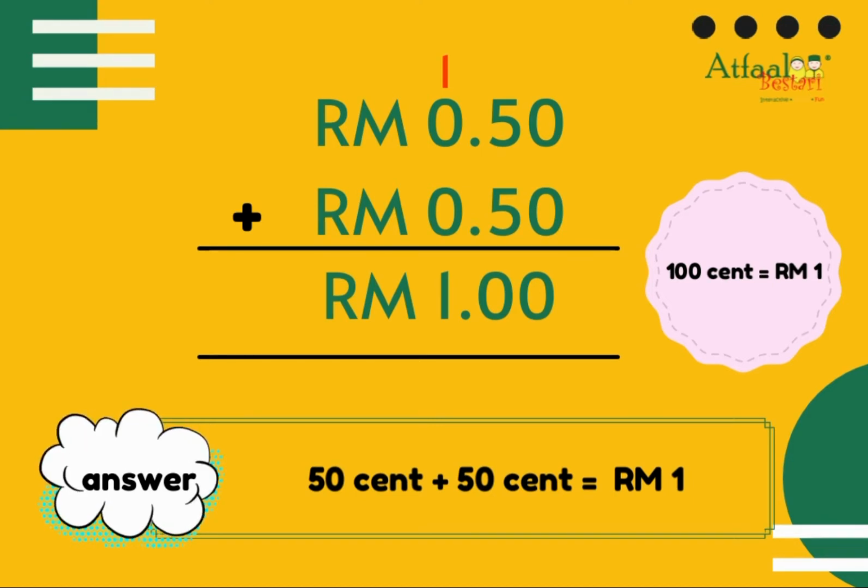You need to put 0 below number 5, then 1 on top of number 0. Then 1 plus 0 equal 1. The answer of 50 cent plus 50 cent equal 1 ringgit. For your additional info, 1 ringgit equal 100 cent.